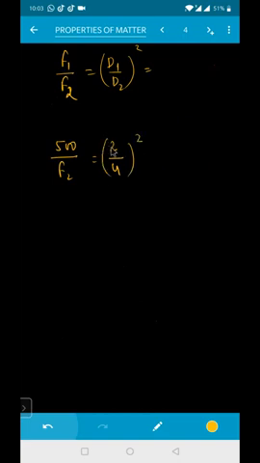This is whole square. 2 ones are 2, 2 twos are 4. That means this will become 1 by 4. So F2 will become how much? 500 into 4, 5 fours are 20. That means this will become 2000 Newton. Now see the condition. If the wire diameters are different, then the capacity to hold is also different.